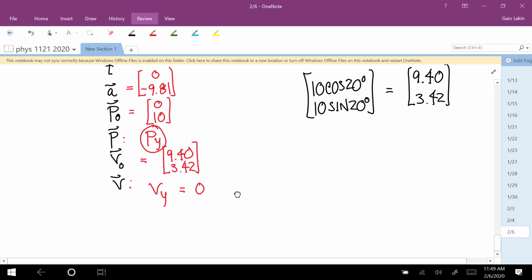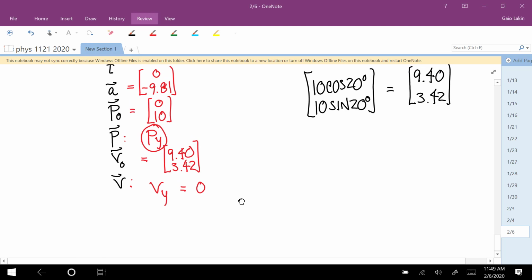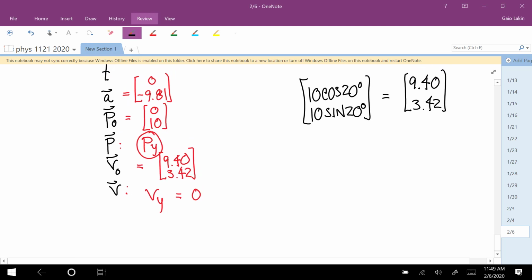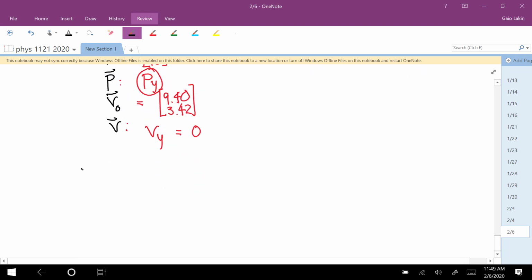Since we don't know t, the only equation that we could possibly use to solve for Py is the y version of this equation: 2ay times (p minus p0), these are the y components, is equal to Vy squared minus V0y squared.